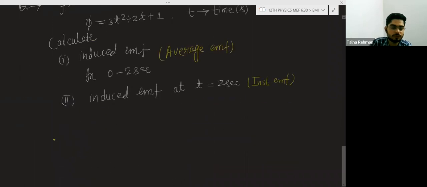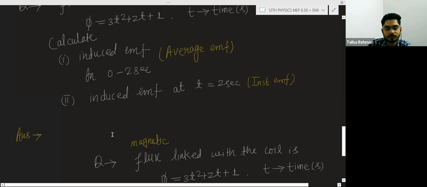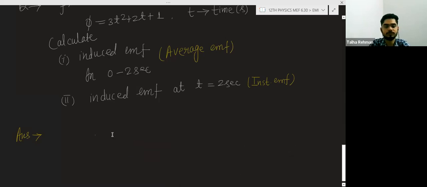Okay, so phi is given: 3t square plus 2t plus 1. So first part.